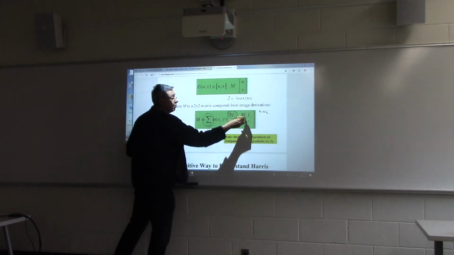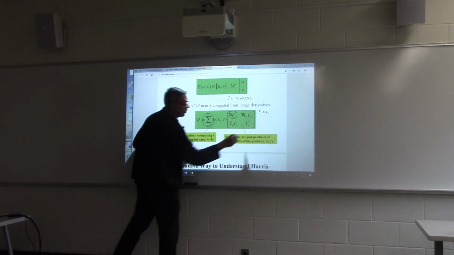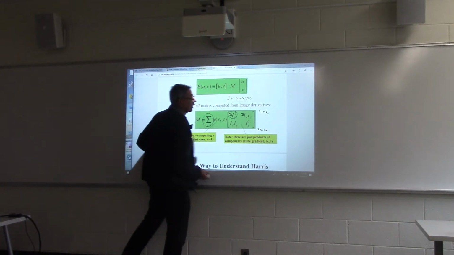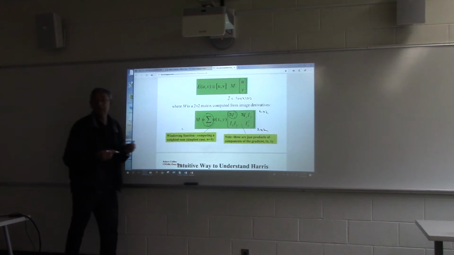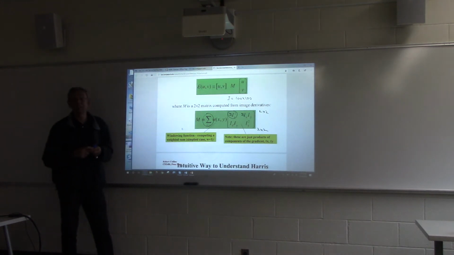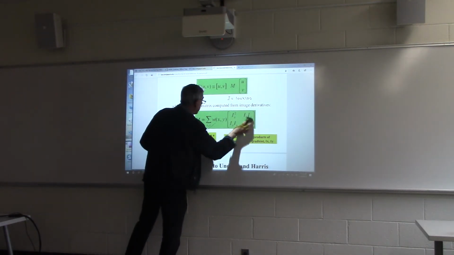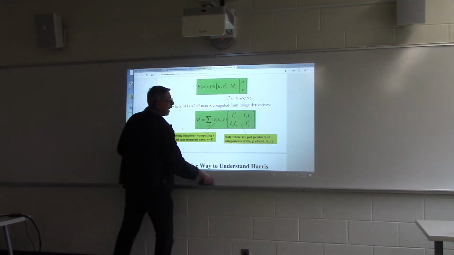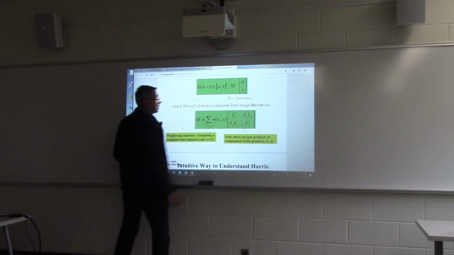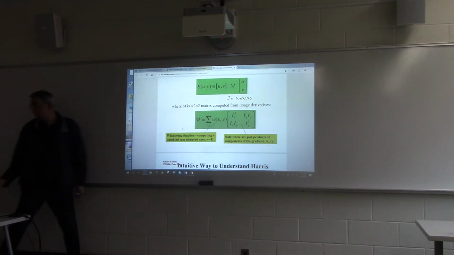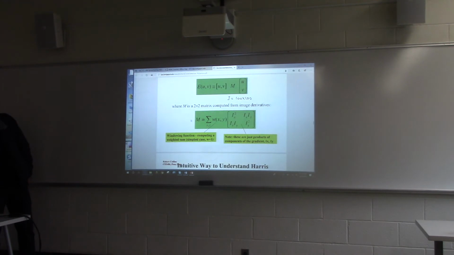This is a single number, this is a single number. So this is really a 2 by 2 matrix. If you have a 2 by 2 matrix, how many eigenvalues will it produce? 2. How many eigenvectors? 2.